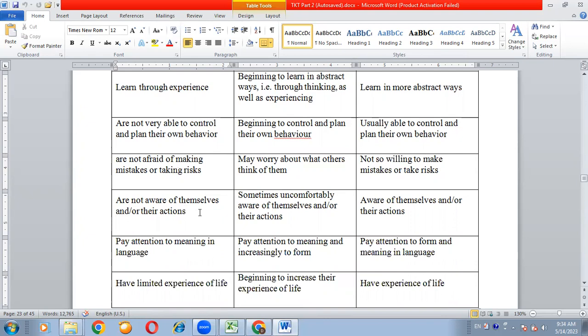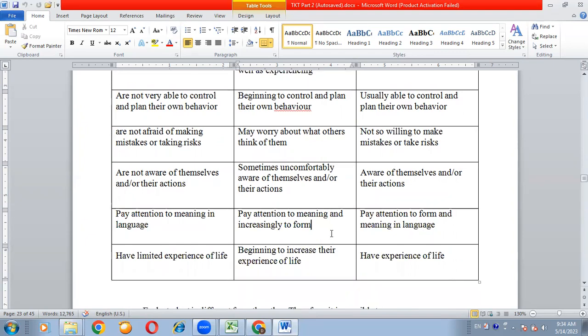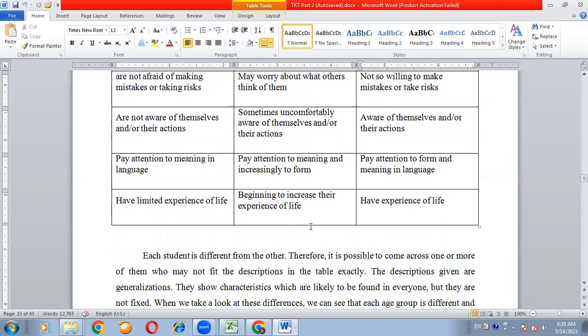Children pay attention to meaning in the language. Teenagers pay attention to meaning and increasingly to form. Adults pay attention to form and the meaning in the language. Children have limited experience of life, teenagers are beginning to increase their experience of life, and adults have more experience of life.